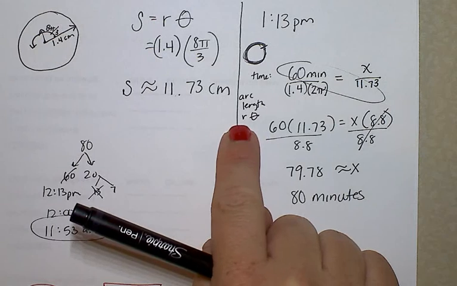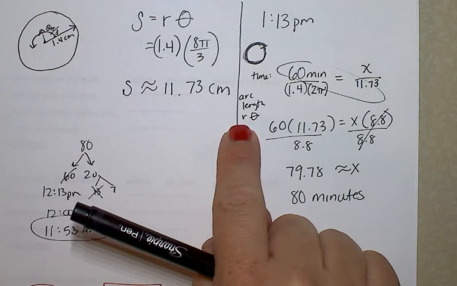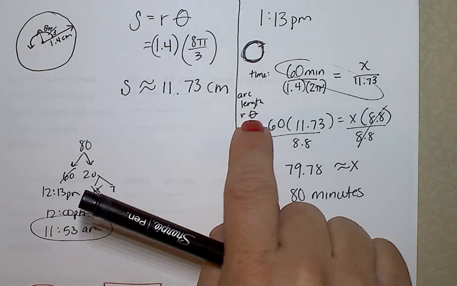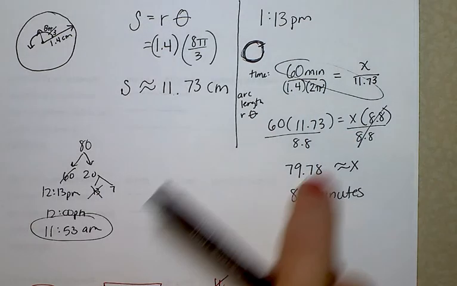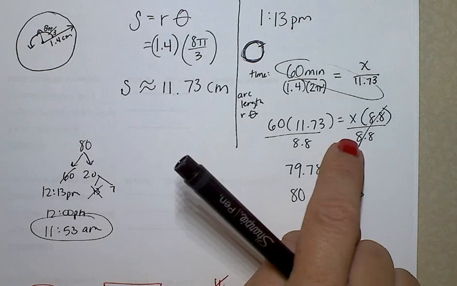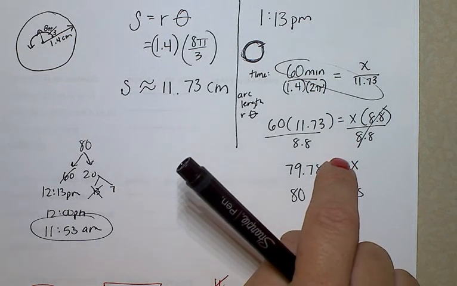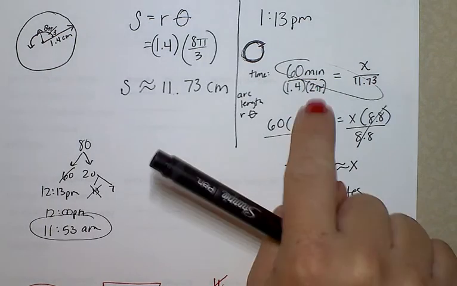So what is the radius for this particular clock? 1.4. And then the central angle to go one time around any circle is 360, right? Do you agree with that? Well, we can't write 360 down because that's to be turned into radians, which is 2 pi.